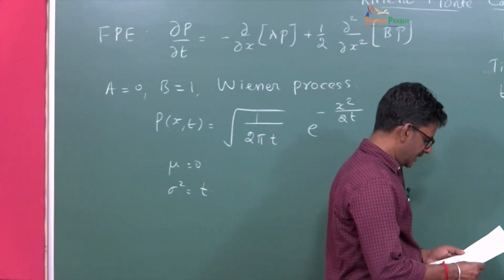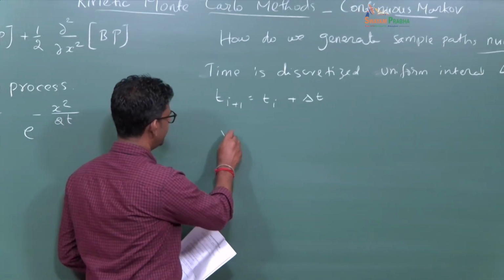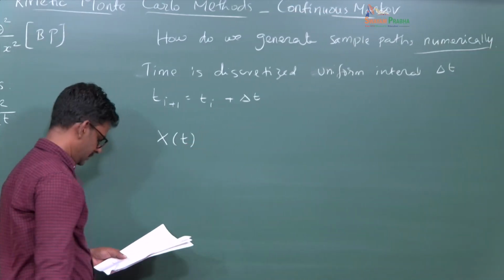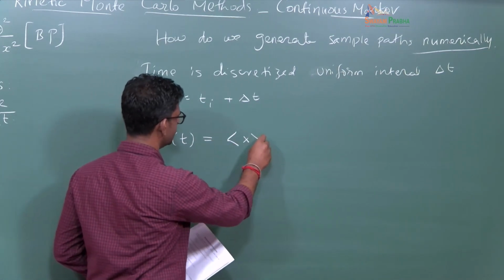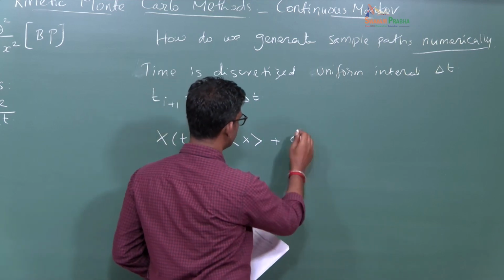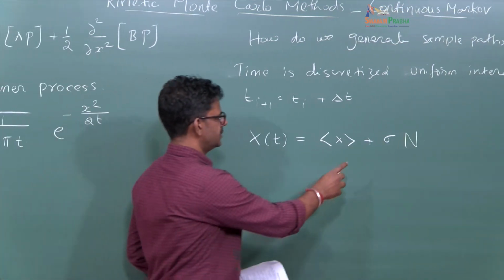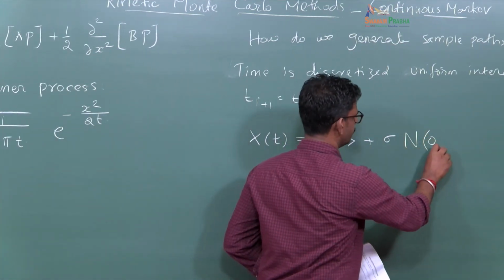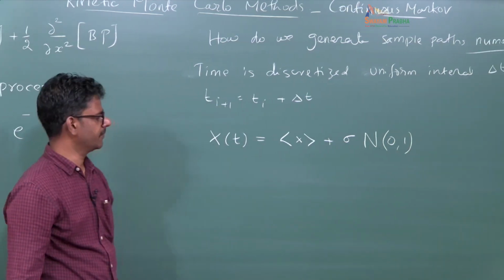So we can write this random variable x of t as the mean of x plus sigma times n, where n is a normal random variate with mean 0 and variance of 1.